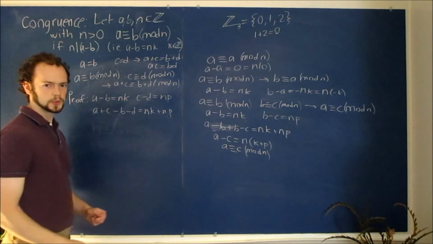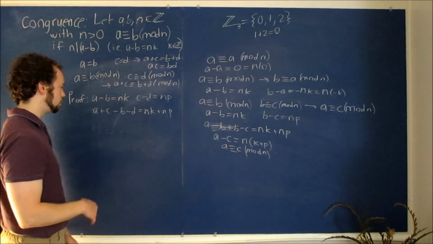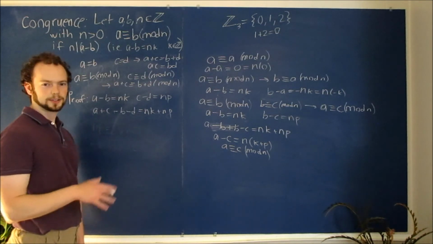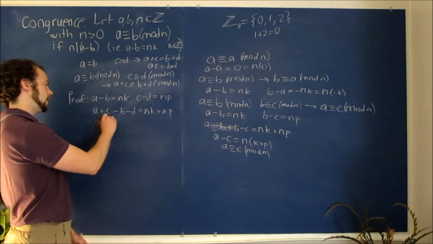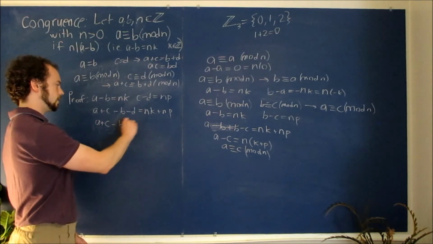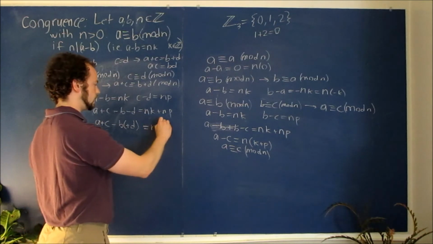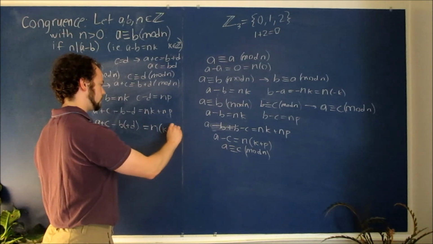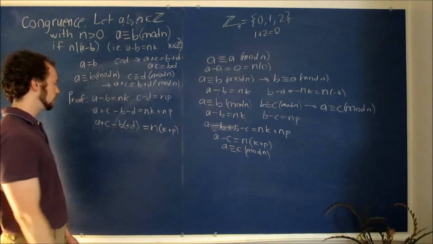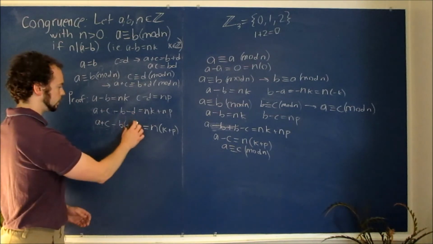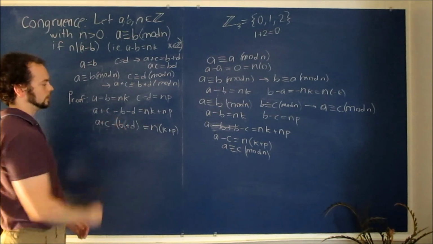And then all that's left is to do some factoring, and we'll get A plus C minus B plus D equals n times k plus p. Oops, put the parentheses in the wrong spot here. Should go there. There you go.